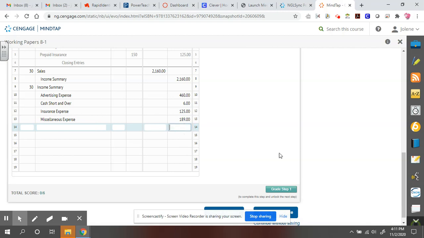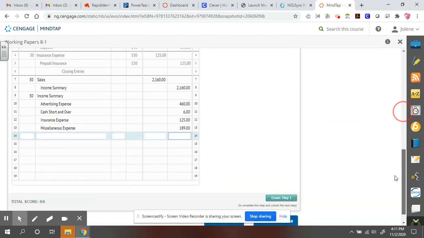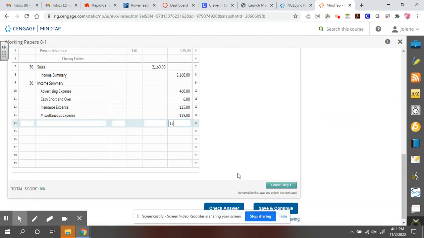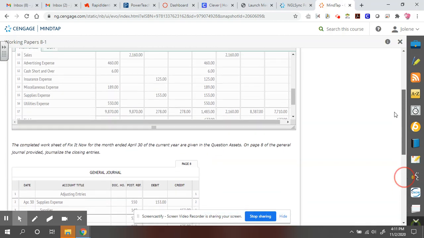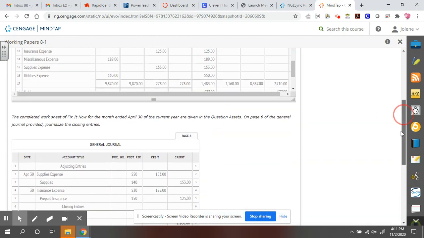After miscellaneous expense, we have supplies expense for $153. And next we have utilities expense for $550.